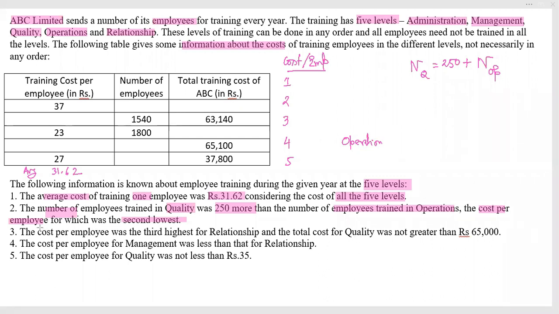Next point, the cost per employee was the third highest for relationship, and the total cost for quality was not greater than 65,000. Third highest is relationship, so this one would be relationship.